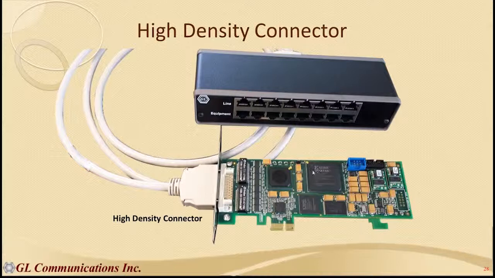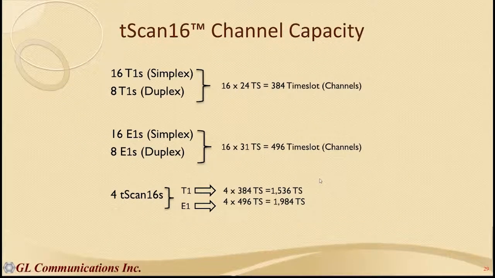You can probably see these FPGAs here, so you could easily put 4 or more of these T-Scan 16s in one PC. And since PCs are pretty powerful these days, one PC can be monitoring 1,536 time slots, or that many voice channels.